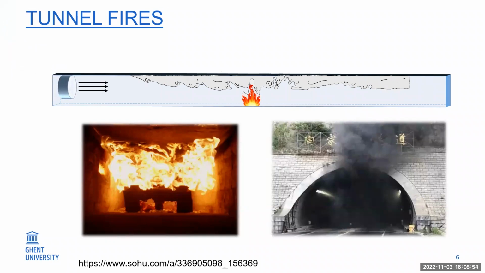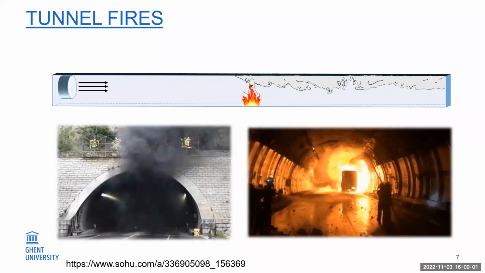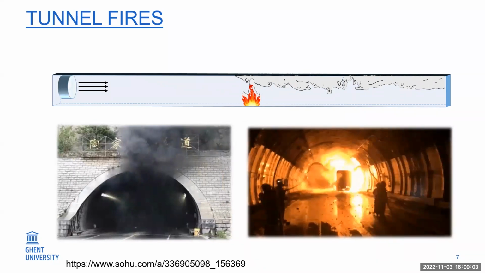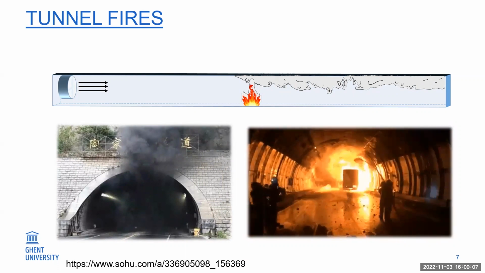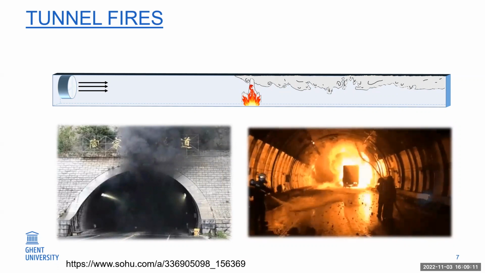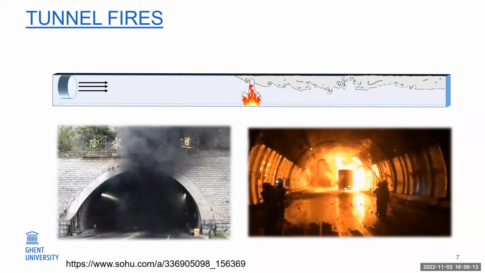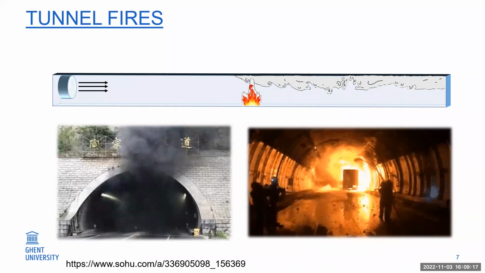Under the action of longitudinal ventilation, the smoke will be pushed downstream. And if the smoke is controlled at the fire source, then the smoke will not hinder the rescue.